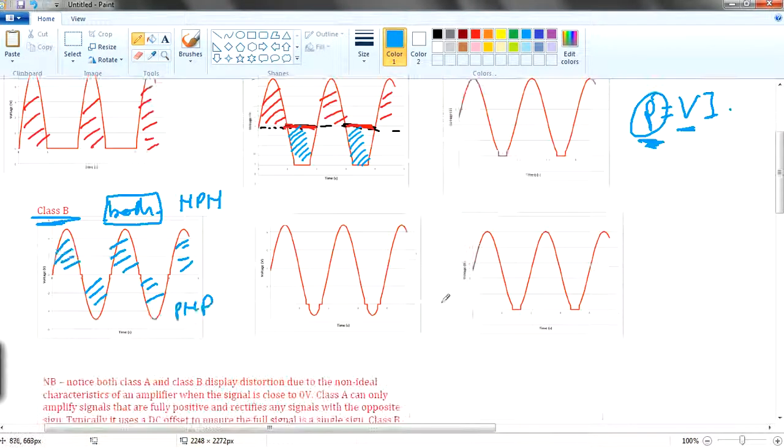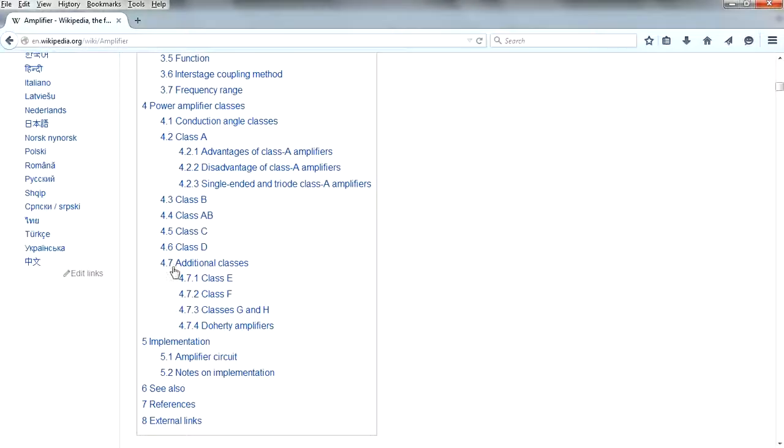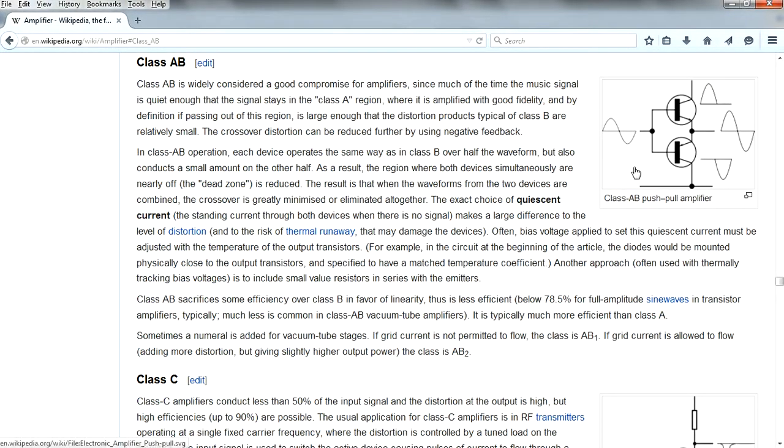Before I go, I'll just give you an intuition that there are also class AB, class C, class D, whatever. Just to let you know that for class A and B, you have this type of curve. These two are actually class B, because class B has NPN and PNP both, each operating in one part of the signal.